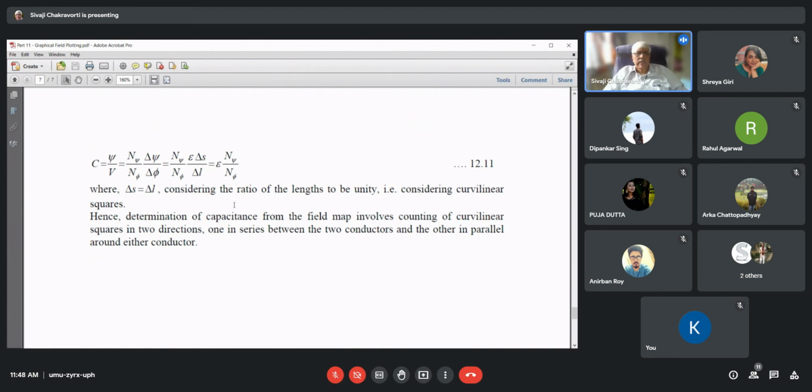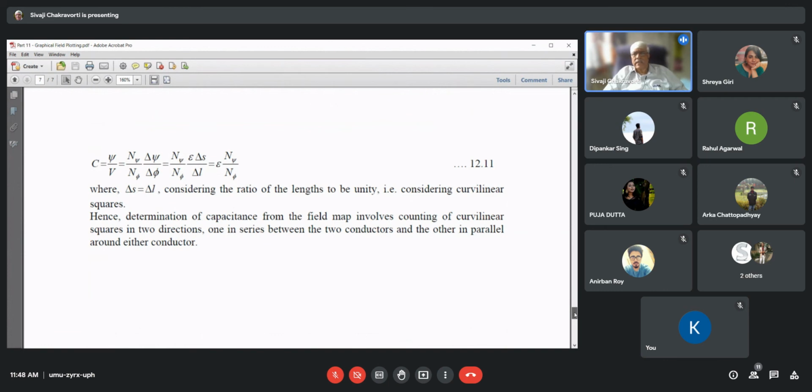So I can get the idea about the capacitance by simply counting the number of these curvilinear rectangles, multiplied by this epsilon, which should be known, and multiplied by this ratio of del L by del S, and that ratio must be known, otherwise you cannot draw the field map.